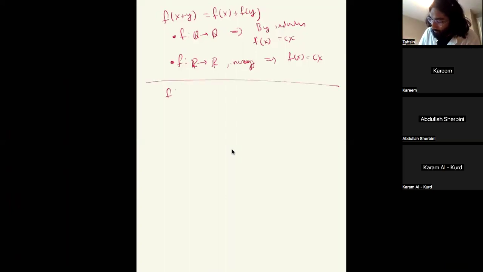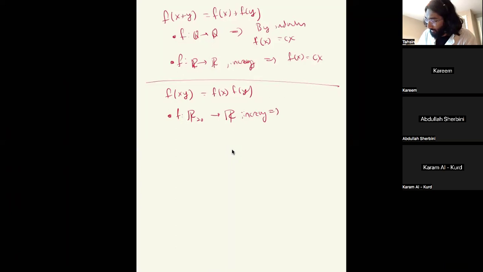On the other hand, for multiplicative Cauchy, let's say it's from R positive to R, and say it's increasing, then maybe we get f of x equals x to the r for something.